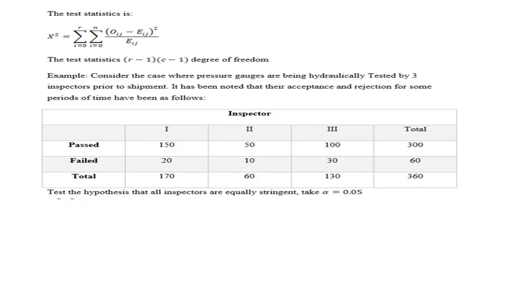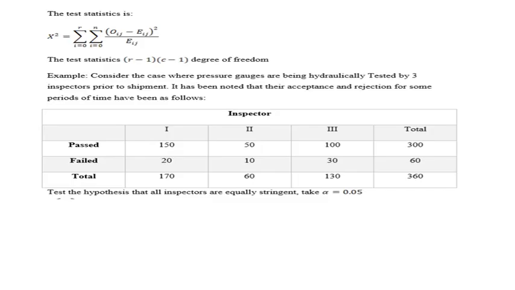So if we do our total, 300 plus 60, that will give us 360. 170 plus 60 plus 130 also will give us 360. When we sum all our row totals together, it must give us our grand total. All our column totals, when we sum them together, must give us our grand total.